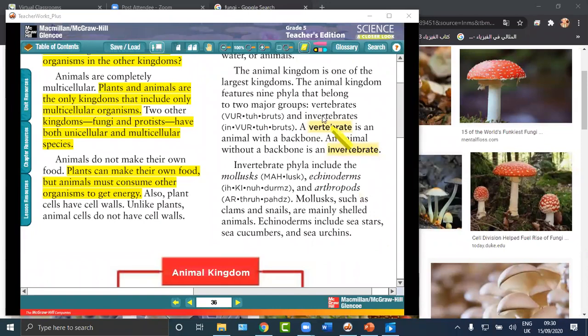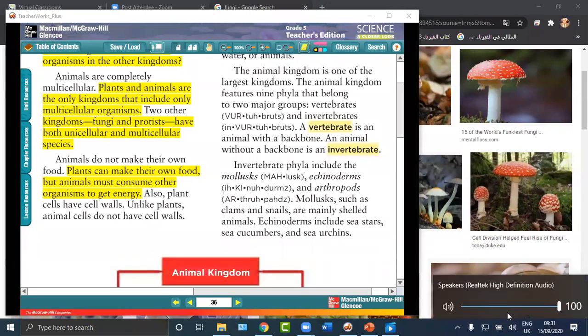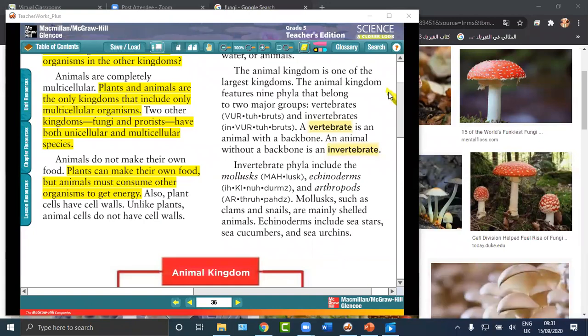Yes, continue. The animal kingdom is one of the largest kingdoms. The animal kingdom features nine phyla that belong to two major groups, vertebrates and invertebrates. A vertebrate is an animal with a backbone. An animal without a backbone is an invertebrate.